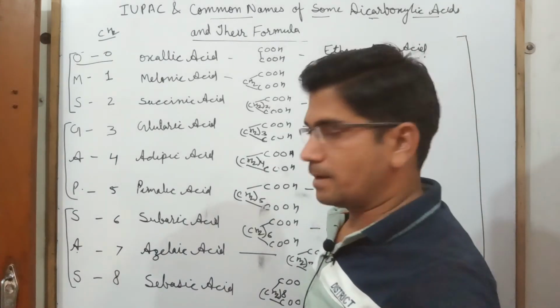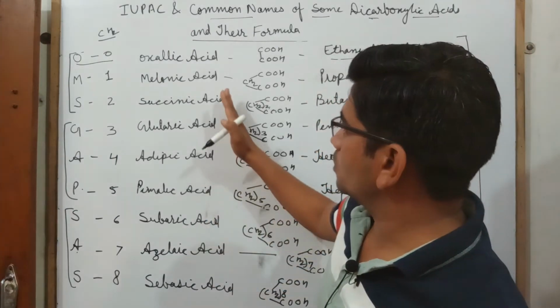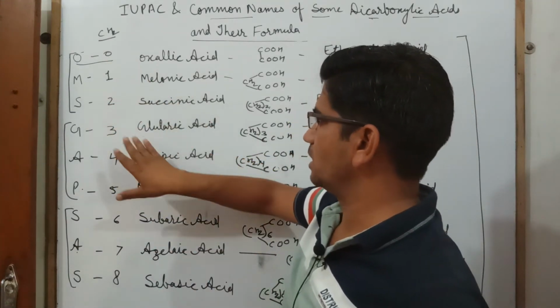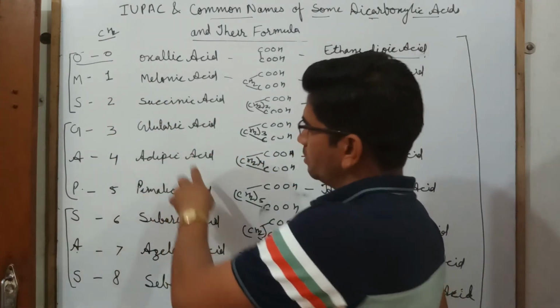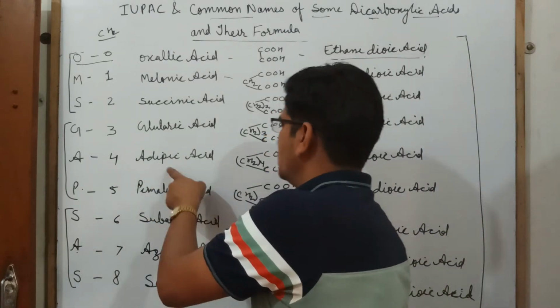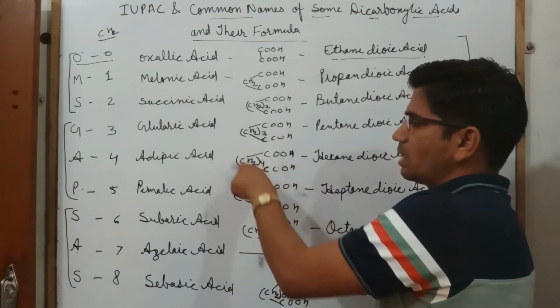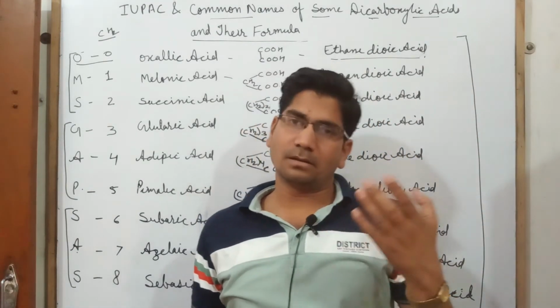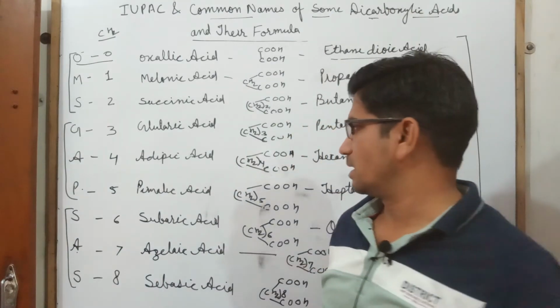Now, if we talk about the common names, this is oxalic acid, malonic, succinic, glutaric. Adipic, you may have some confusion between adipic acid and azelaic acid. This is adipic acid: you can remember the total number of carbon is 6, and adipic acid is used to form nylon 66.